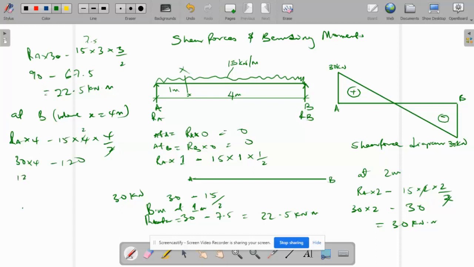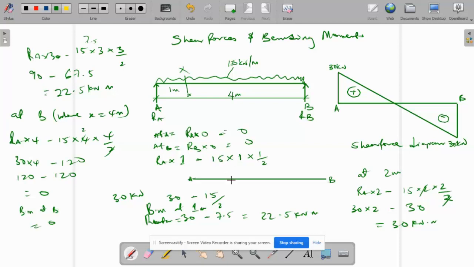So we're going to have 120 minus 120, which is equal to 0. So our bending moment at B is equal to 0.